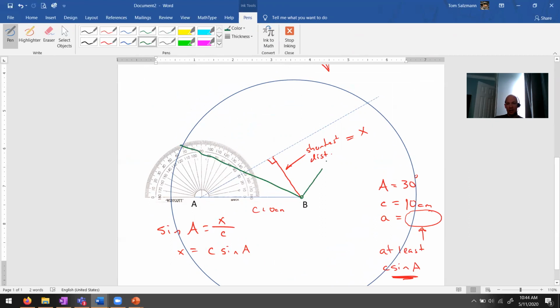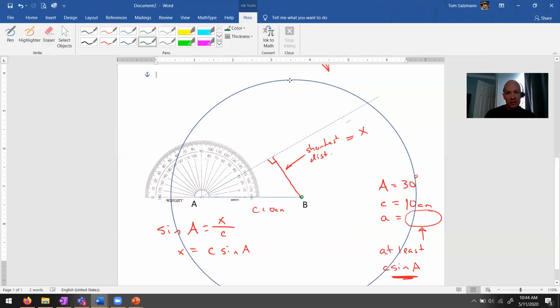So I could connect it up like this, but this side here, I can't go back because it's actually too long. It crosses past this point. And we'd actually wind up having only one possibility for a triangle, and my triangle would wind up looking like this. Okay, so what's kind of the whole take-home message of this entire thing here?